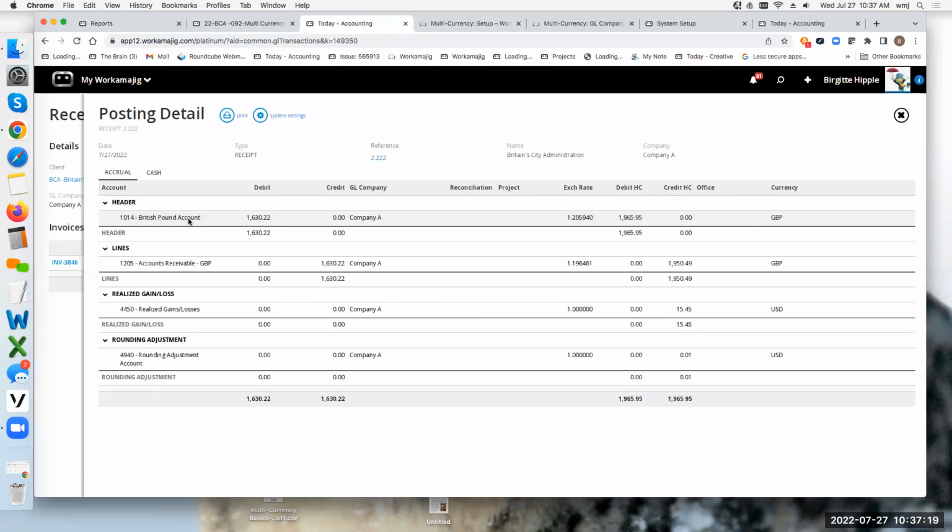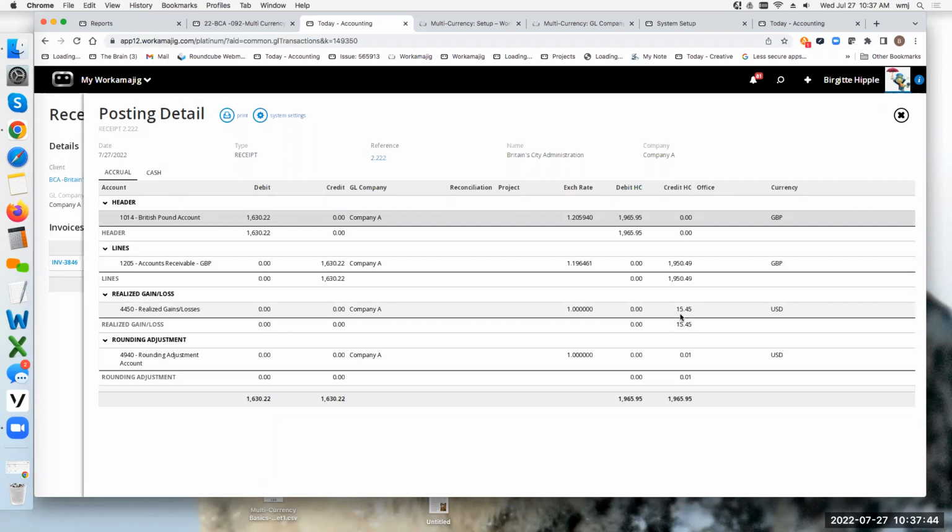So this is what went into the British bank account. This is what got relieved out of the British accounts receivable. On the US side, my home currency side, this is the value based on this currency rate. If they had paid us on the date that we sent out the invoice, there was now a difference.